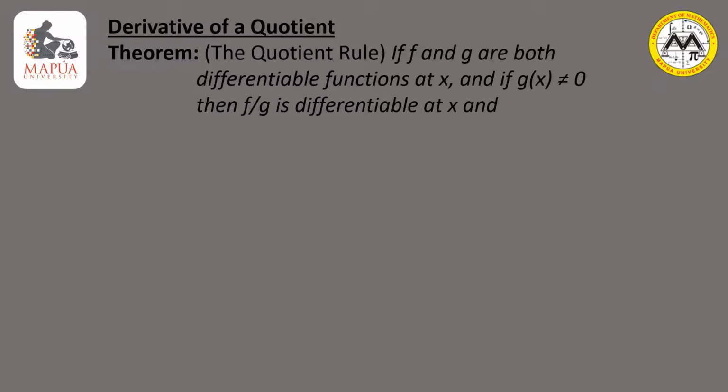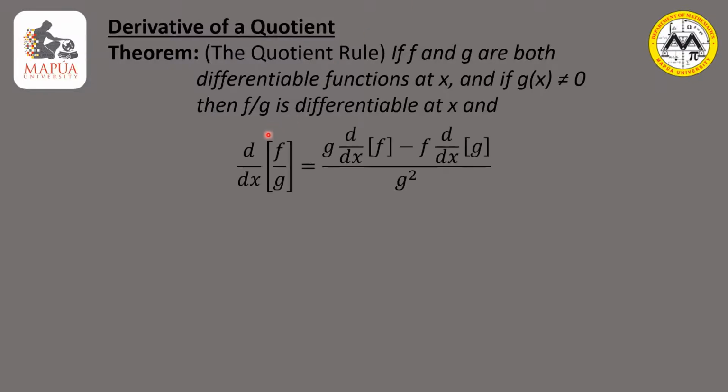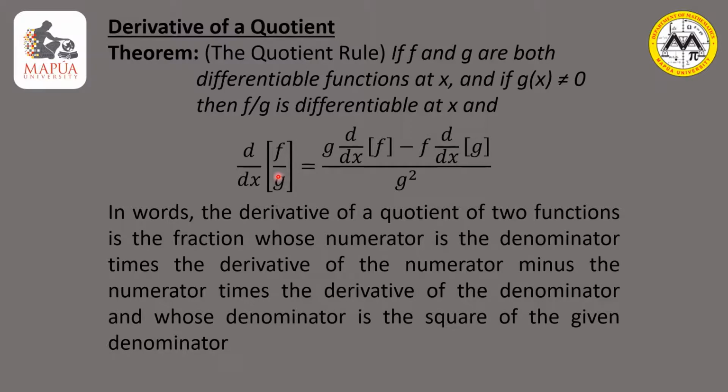Dealing with the ratio of two differentiable functions, f divided by g, the derivative of the quotient of f to g is given by this rule. That is, the derivative of f divided by g with respect to x would equal a ratio of the difference defined by g times the derivative of f with respect to x minus f times the derivative of g with respect to x, all over the square of g.